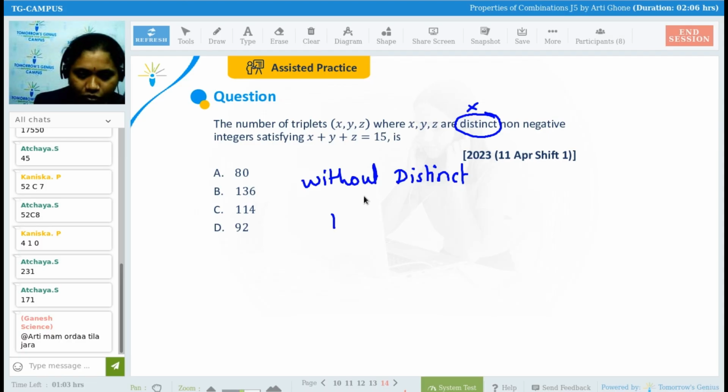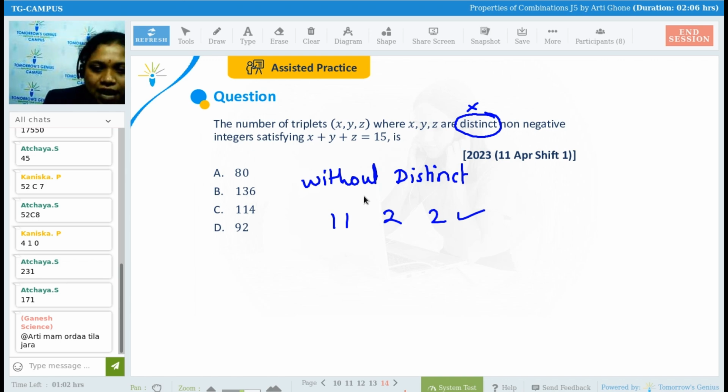Sorry, 15 addition is required, no? So 11, 2, 2. This is also an acceptable case. Getting my point? Clear? Because here y and z have equal values. But that is an acceptable case if there is no distinct word. Clear? So one word is changing everything. Clear? Okay. So without distinct, we can say first case.